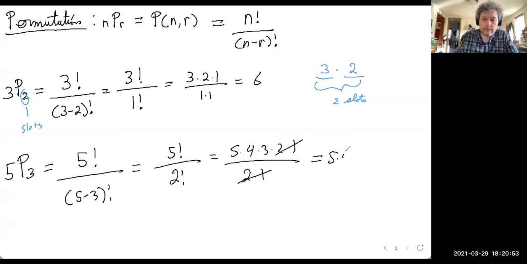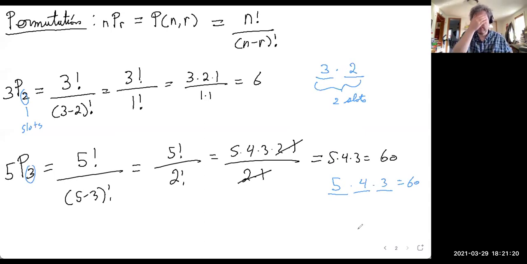So you have 5 times 4 times 3. 5 times 4 is 20, and 20 times 3, I guess, would be 60. So 5 permutation 3 would be 60. Well, in our multiplication principle, this is referring to 3 slots, and then 5 times 4 times 3. And so I claim that that is also 60. So now it's getting its own formula. We have a formula for it.